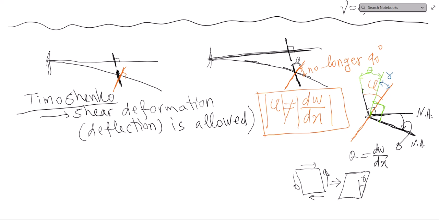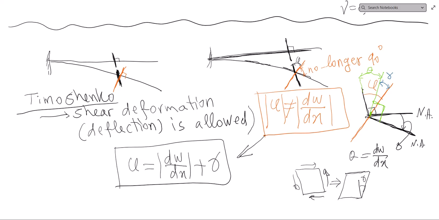So basically this phi, at least in magnitude, is dw/dx plus gamma. I'm talking about magnitude. We will go to the sign again later. This sign convention treatment in several references is, in my opinion, not fully demonstrated; it is usually discussed for a specific case.